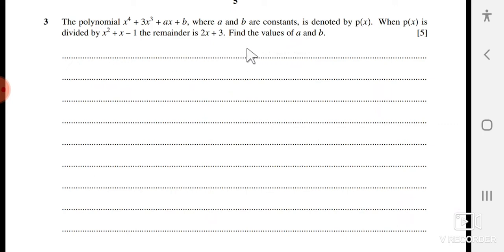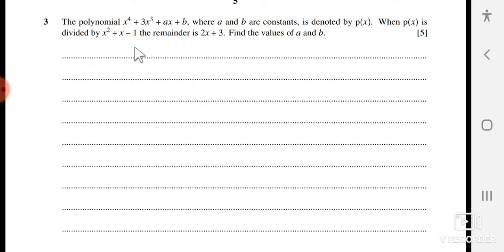Then you multiply x squared plus x minus 1 times cx squared plus dx plus e, plus r(x), and that is 2x plus 3. This expression will be equated to x^4 plus 3x^3 plus ax plus b.